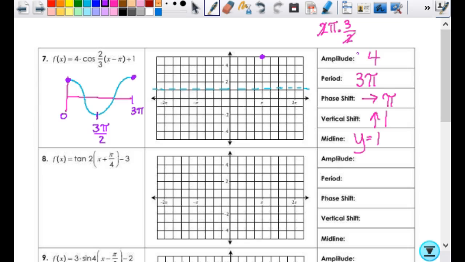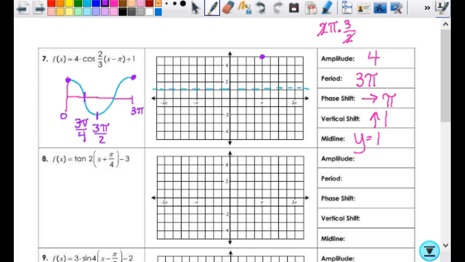You with me? Okay, so then let's think about this. Don't overthink this. This is really easy. If this is 3 pi halves, what is this? 3 pi fourths. This is 3 pi halves. If you want half of it, you multiply it by 1/2, it becomes 3 pi fourths. Make sense?